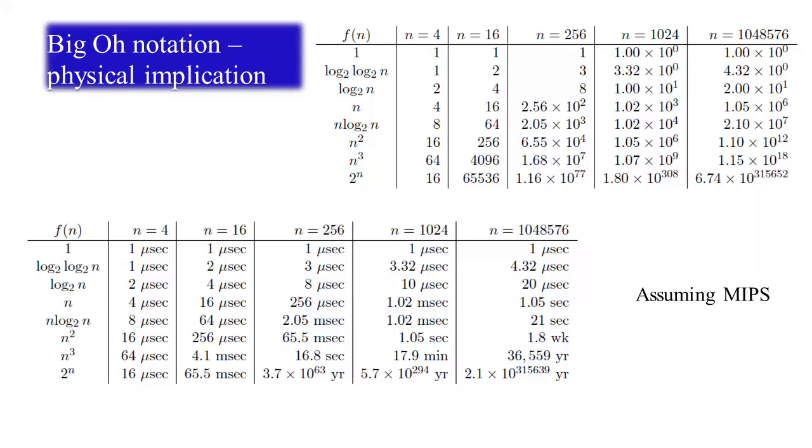Because even for n equal to 2 power 20, it takes 21 seconds. But n square, which is quadratic, seems to be higher. But okay, I may try to manage it with the help of my processors, going for multiple cores, going for higher speed processors. But still, n square is not that much preferred.